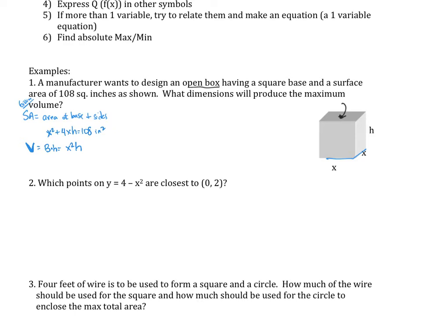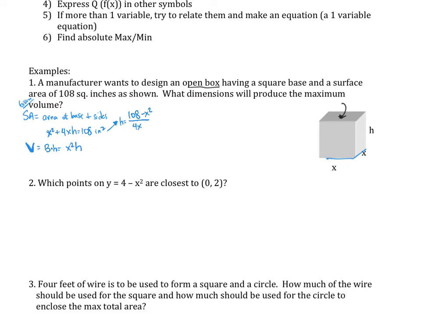So I'm going to solve this for h. You could do it either way, but I think h will be a little bit easier for our work right now. So if I take this equation and solve it for h, I will get 108 minus x squared divided by 4x, and that's what h will be.